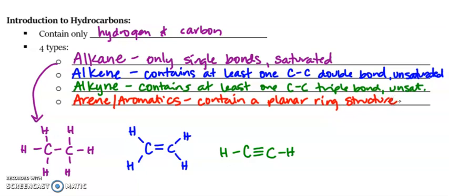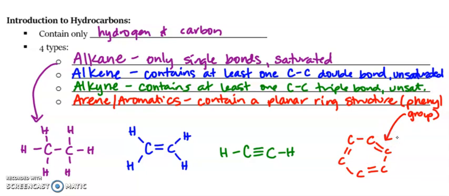In other words, it has to have a phenyl group. Okay, and this phenyl group is this flat ring of 6 carbons with alternating double bonds, like this. This is a phenyl group. All right, so anything with this is an arene or an aromatic.